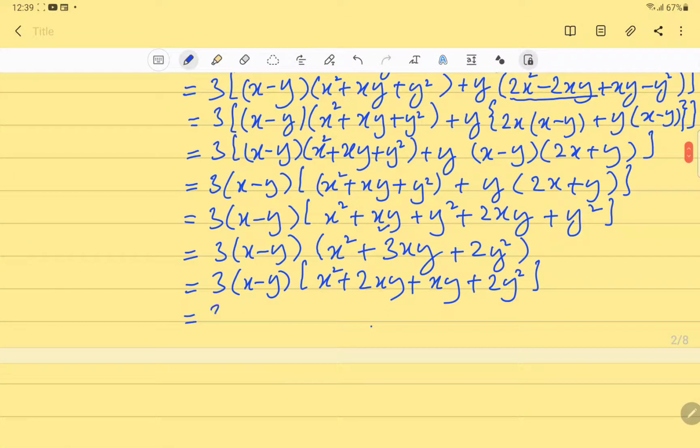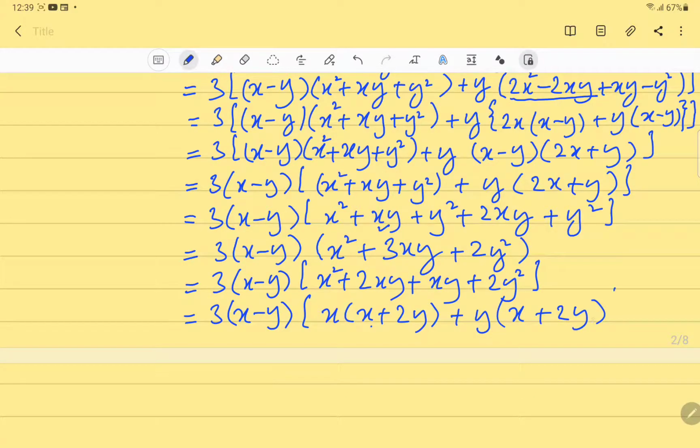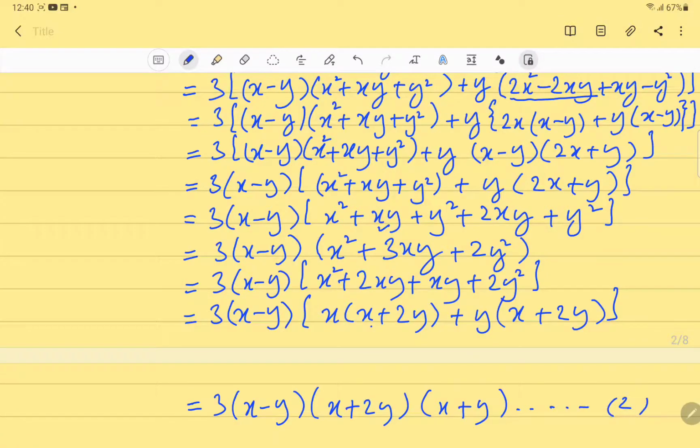Now, in the first two terms we have x common, so we are left with x plus 2y, and in the second one we have y common, and again we are left with x plus 2y. So when we take x plus 2y common, we are left with x plus y. So this is the factorization of our second expression.